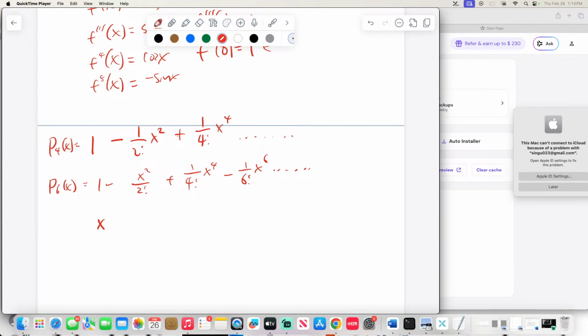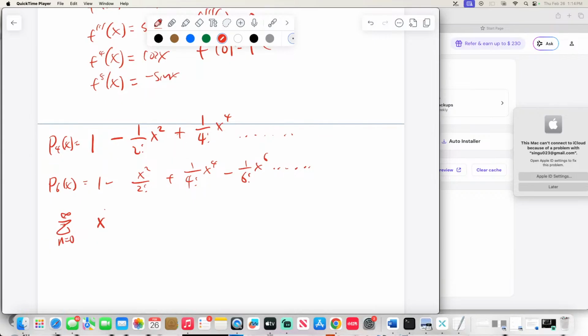So what is the first term? We're going to start with summation n equals 0 to infinity. What would it be? x to the what? 2n over what? 2n factorial. Good. But your first term is positive, so it'd be negative 1 to the what? n.